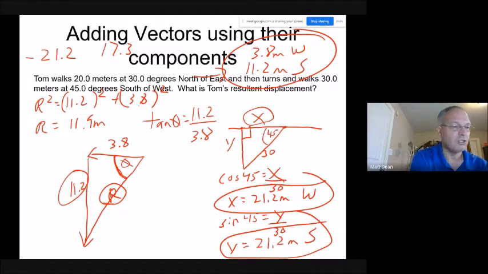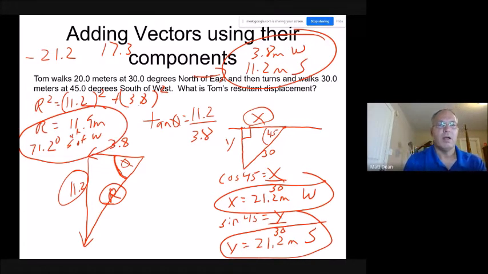We hit shift and tangent on our calculator, and we end up with an angle measure of 71.2 degrees. And our direction here would be south of west. So our complete answer on this question is 11.9 meters at 71.2 degrees south of west.